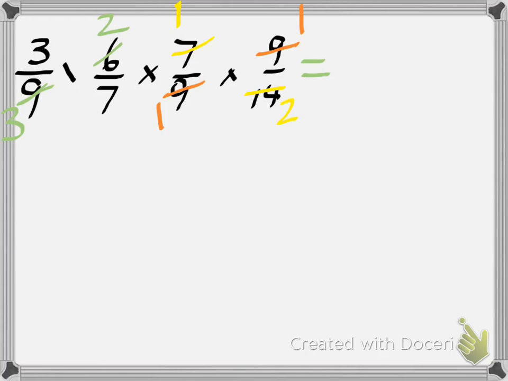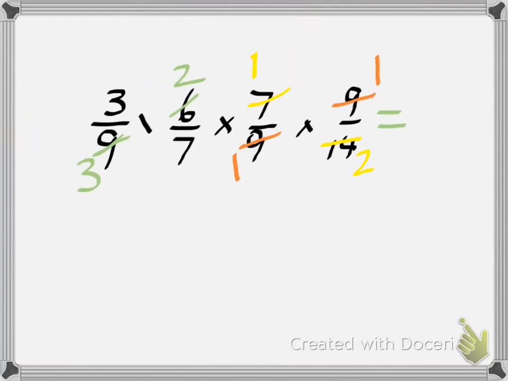Now, as I said before, we could have gone ahead and done some more canceling. With this right here, if I had wanted to, I could say these 2's here will cancel out, and the 2's will end up canceling out to a 1 and a 1.